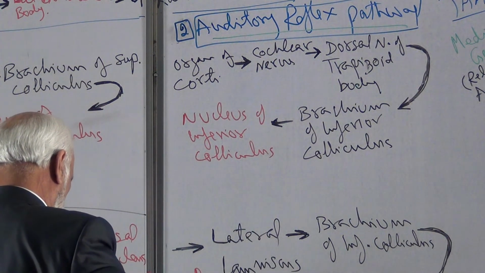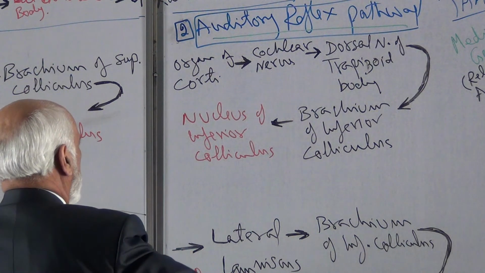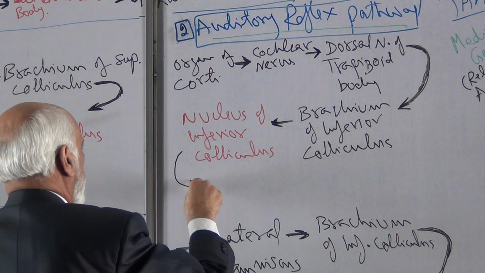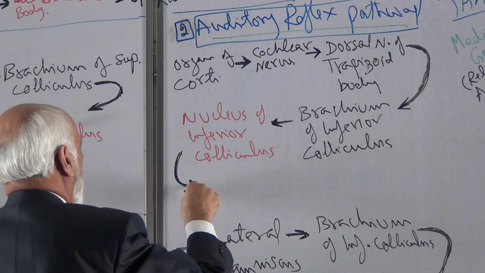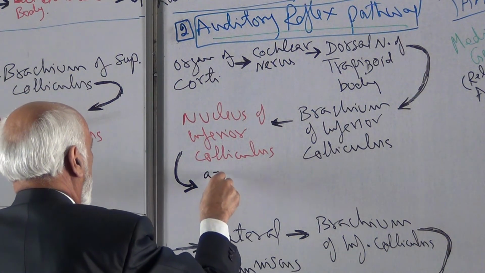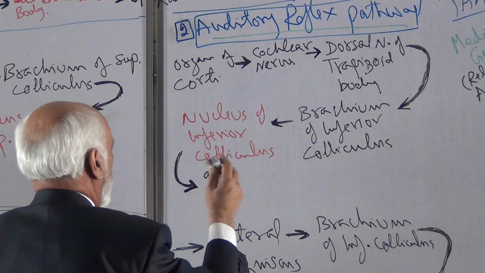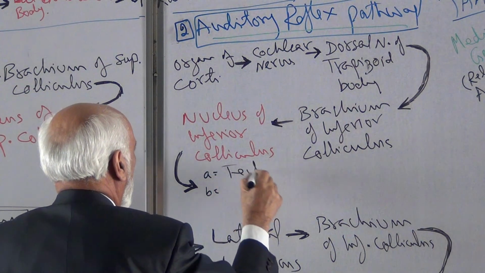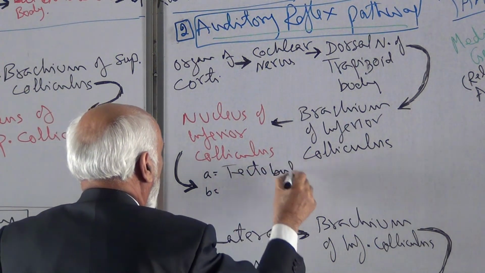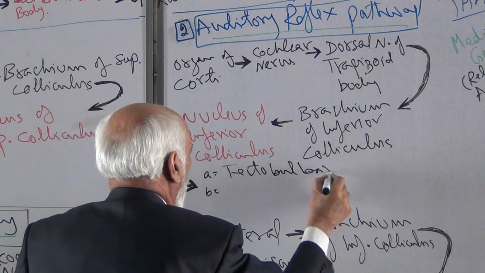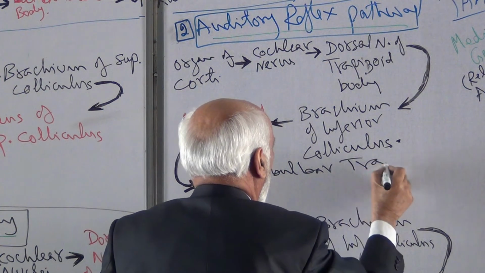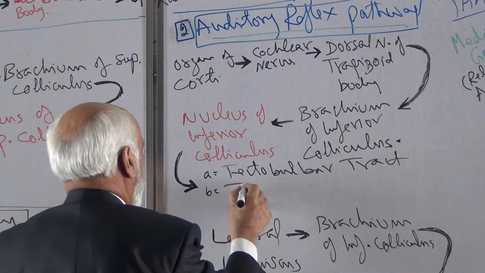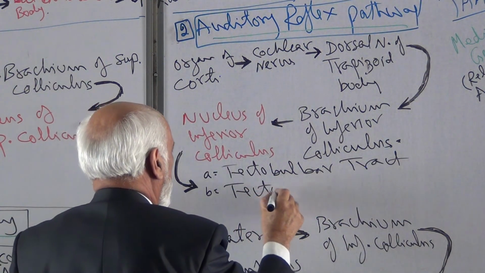And from the nucleus of the inferior colliculus, again, two tracts arise: the tectobulbar tract and the tectospinal tract.